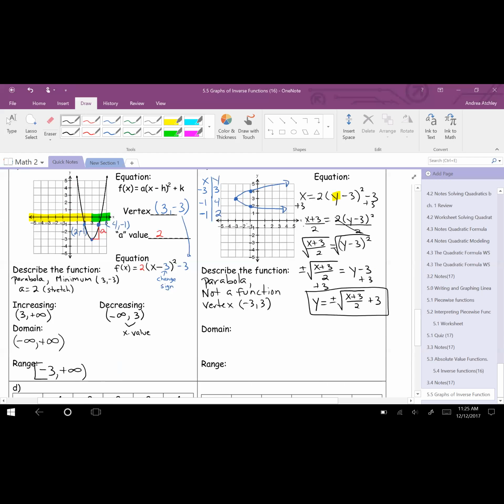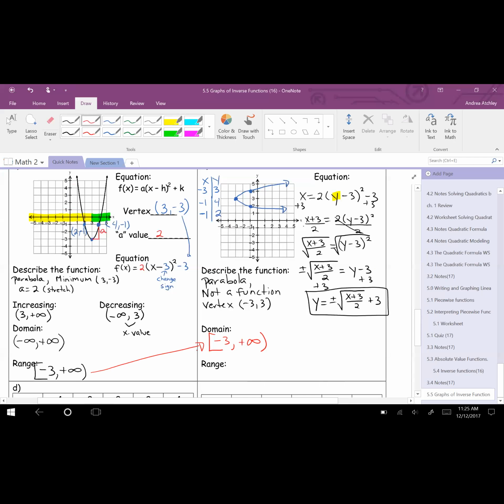The domain, the smallest it's going to be is at negative 3. And it can equal the negative 3 for the domain. How far to the right will it go? To positive infinity, which is what this should be.